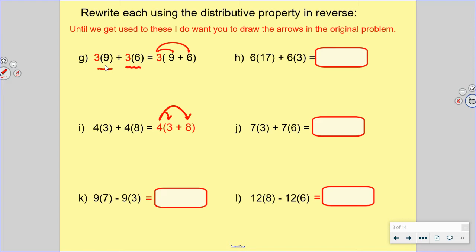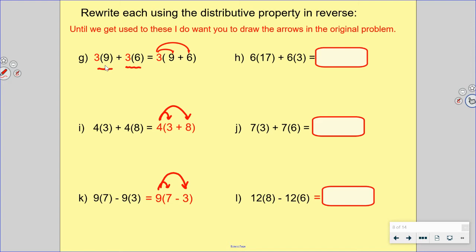Example K, we have 9 groups of 7 and 9 groups of 3, so why not just write 9 groups? And notice this one has the 3 that is subtracted, because 9 times we're going up 7, and then 9 times we're going down 3. All right, let's see if you can do this now for the other 3 examples. Pause and come on back when you're ready.